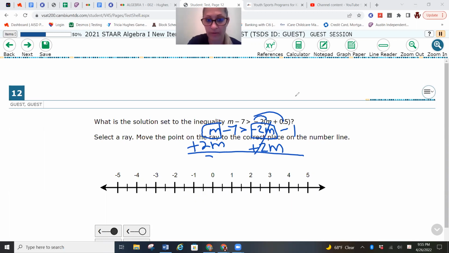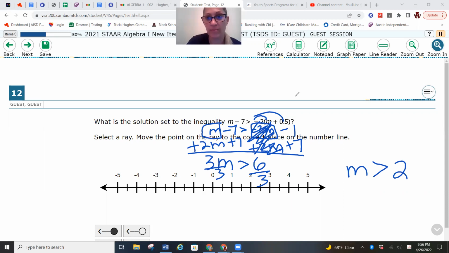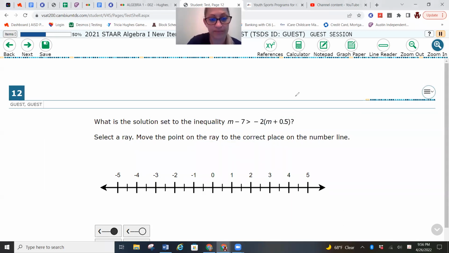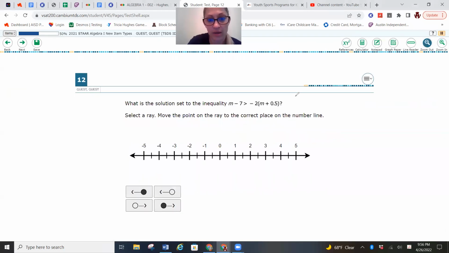M plus 2m is 3m. If I move the boxed 2m to the left, I'm going to move the 7 to the right. 7 minus 1 is 6. I'm now going to divide both sides by 3. And m is greater than 2. Greater than 2, that's going to be that symbol. And I'm going to move it to the 2. Save, move.